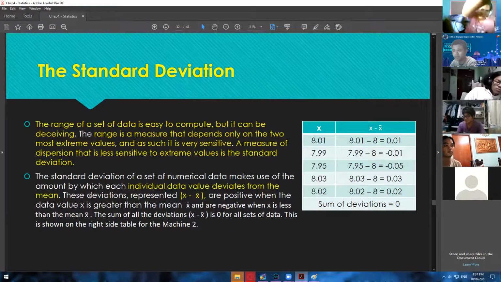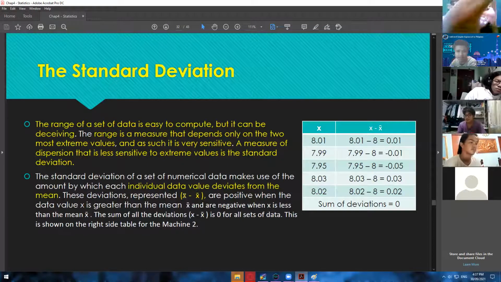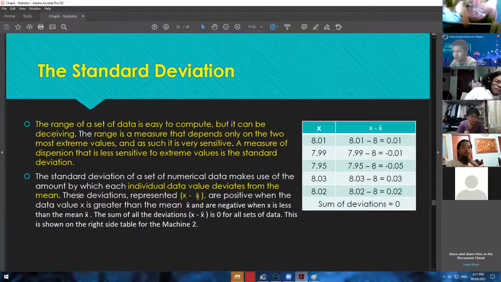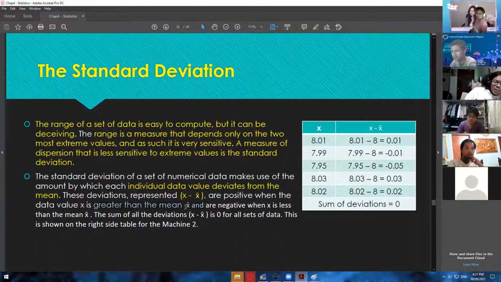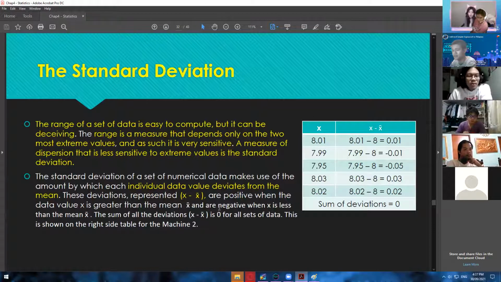This deviation is represented by x minus x bar. This is positive when the data value x is greater than the mean. Well, it's already common sense. And x minus x bar is of course negative if it is the other way around. If they are just the same, then of course you will get 0.